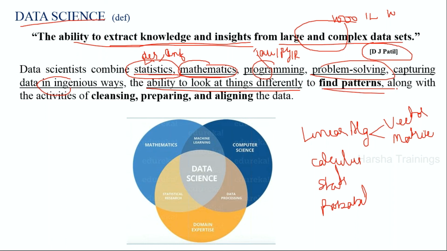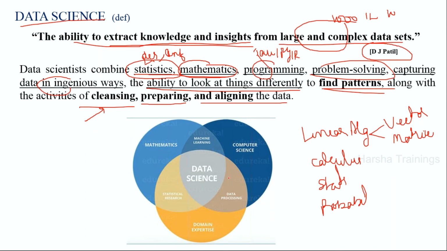In order to find these patterns, first we should clean the data. Whatever data we have taken may not be in the form of information, so first you should clean the data by using data pre-processing steps. You should prepare the data in such a way that the tools can create models. Then you should align the data.